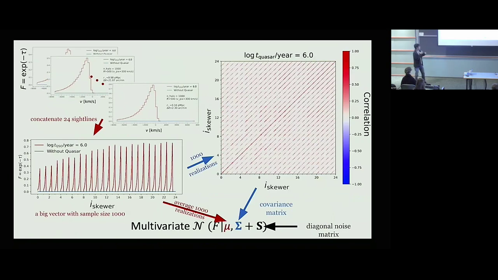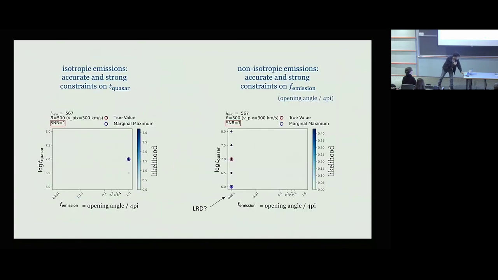Based on our 1,000 samples, we can form a big vector. We can compute the average of the big vector as well as the covariance, and we can also change the quasar's model to change the lifetime and opening angle. And we also conducted a preliminary experiment.